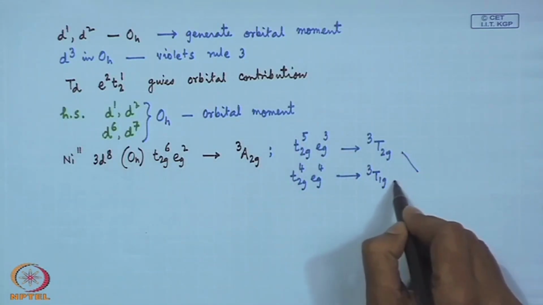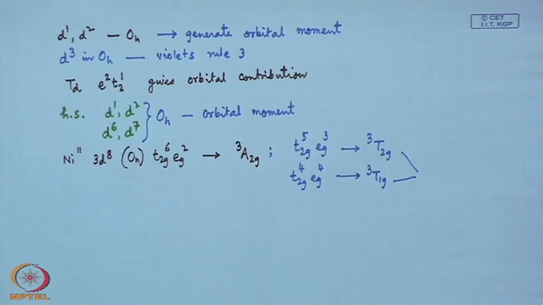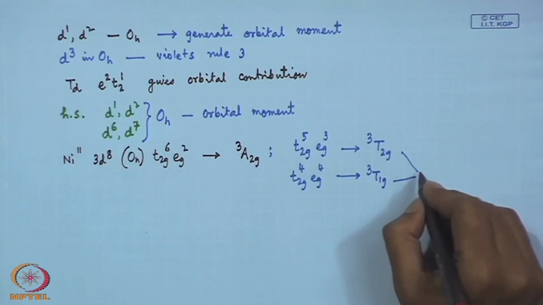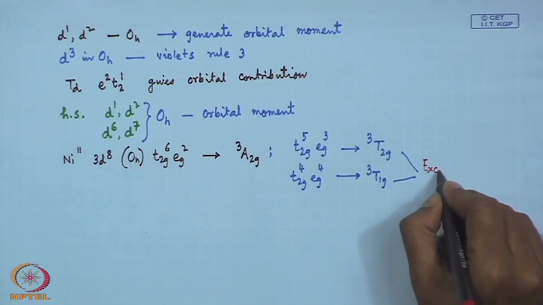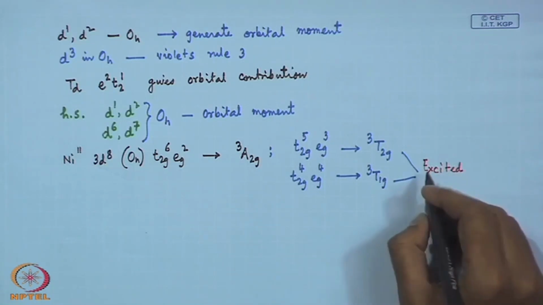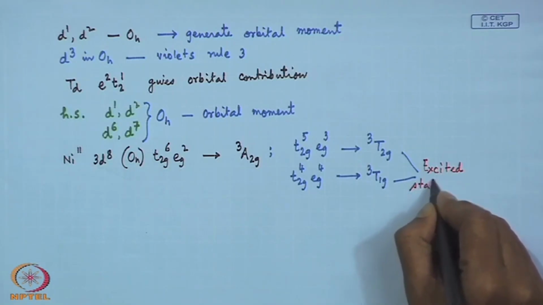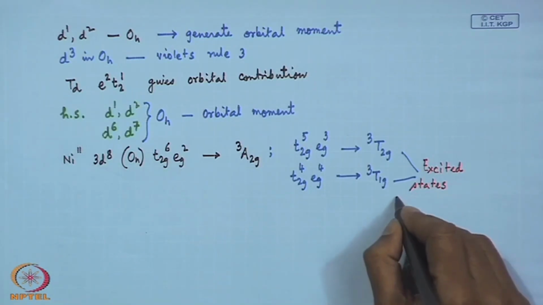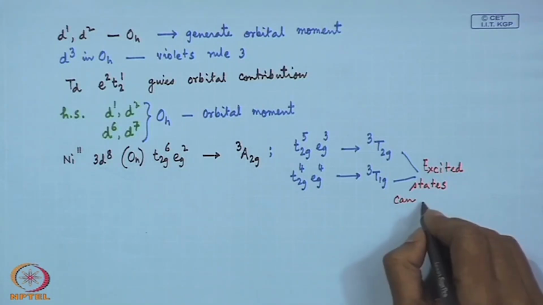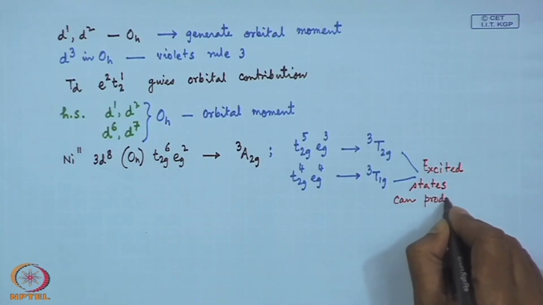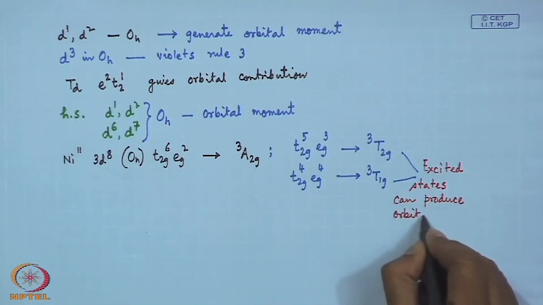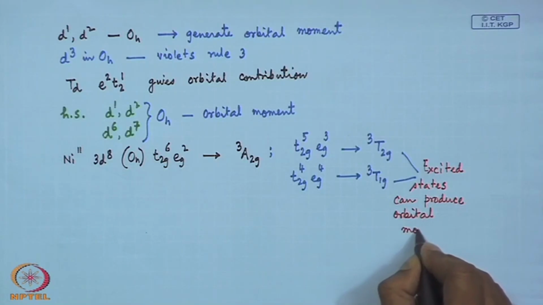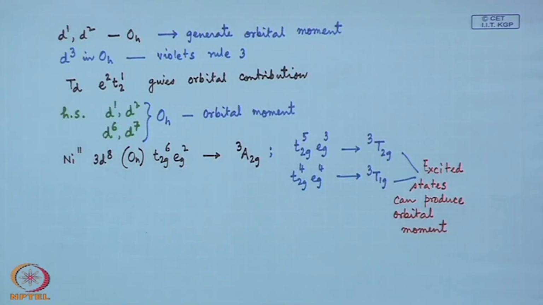So, these two configurations, the 3T2g and 3T1g configurations, are the two excited states, and these two excited states can produce orbital moment.